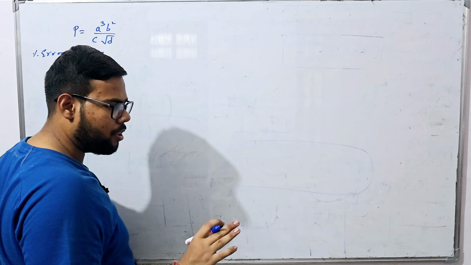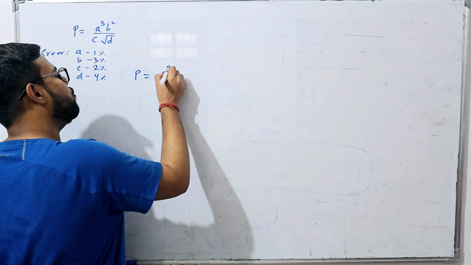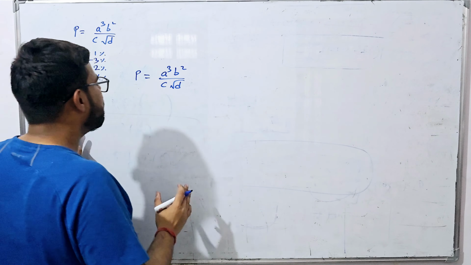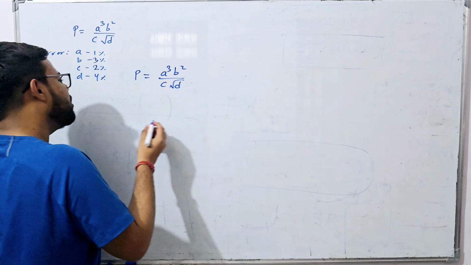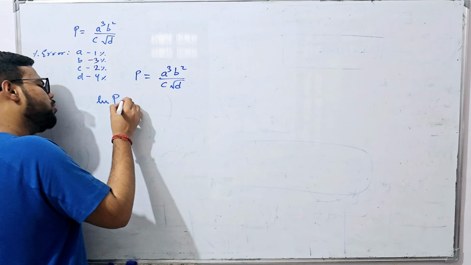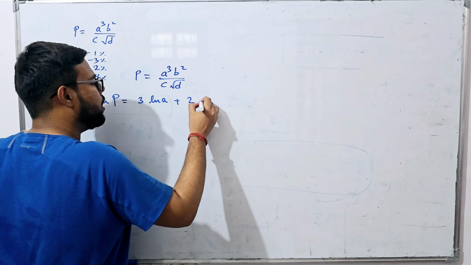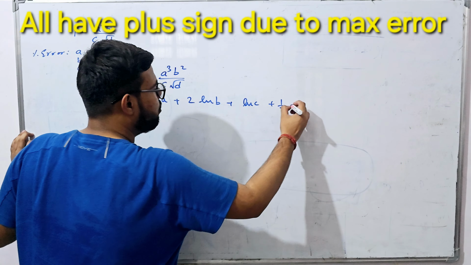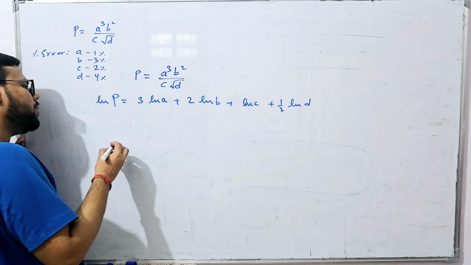I'm not telling the answer what it will be, but what I feel is that since P is equal to A cube B square C root D, right? Okay. So what is the method to approach that error formula which we are using? We are basically taking the natural log on both sides. We get 3 times ln A plus 2 times ln B plus ln C plus 1 by 2 ln mod D, but of course D is positive, so we don't need to worry.